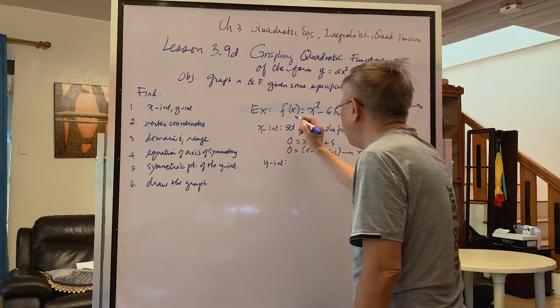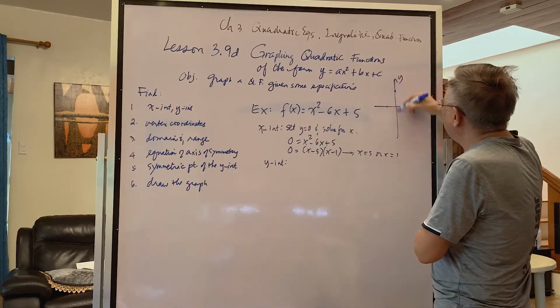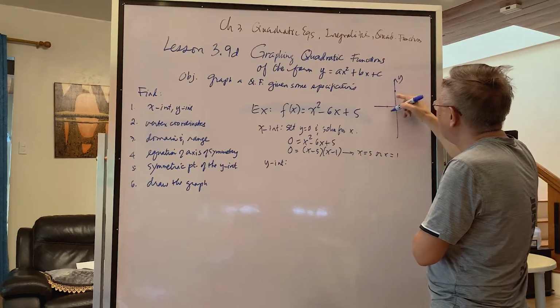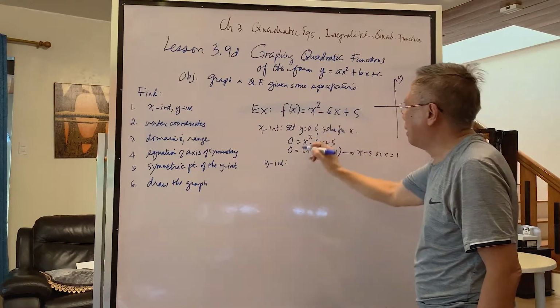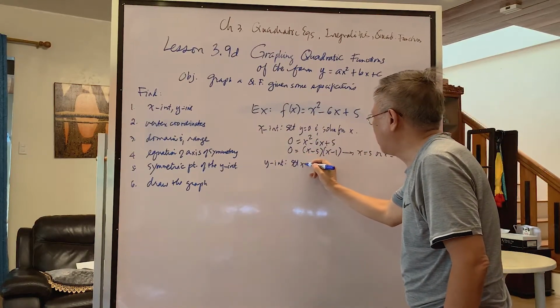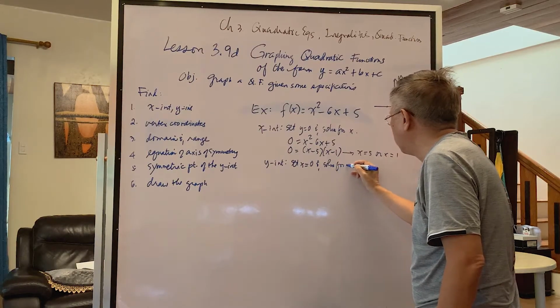The y-intercept is where our graph will cross the y-axis, and along the y-axis, x is 0. So therefore, when we get the y-intercept, we will set x to 0 and solve for y.